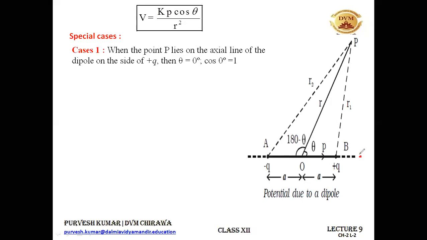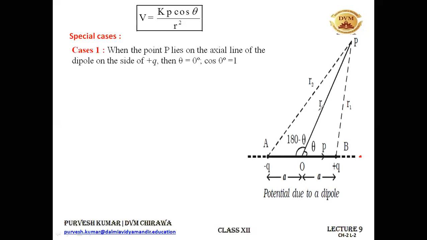So if this point P is at this location, the angle between the electric dipole moment, that is from -q to +q, and r, the theta becomes 0 degree. Theta we always take anti-clockwise. P is in the same direction along with r, so it is 0 degree.